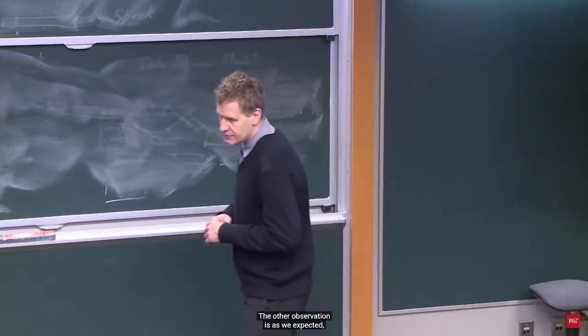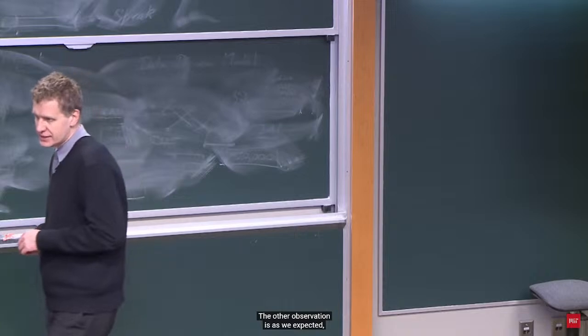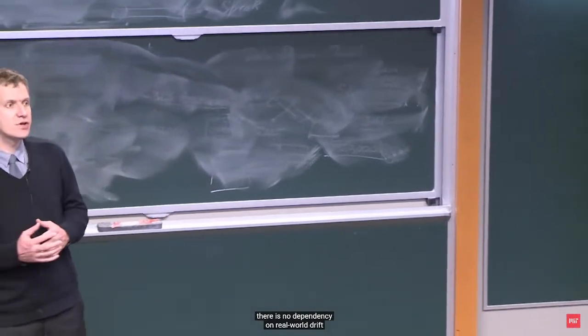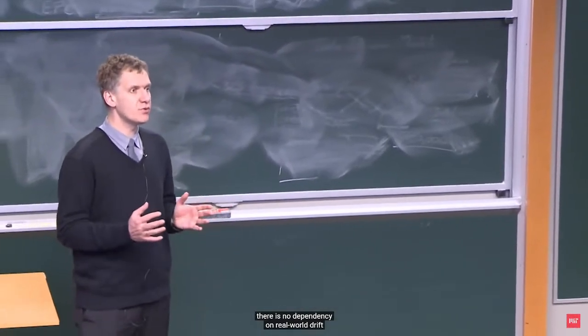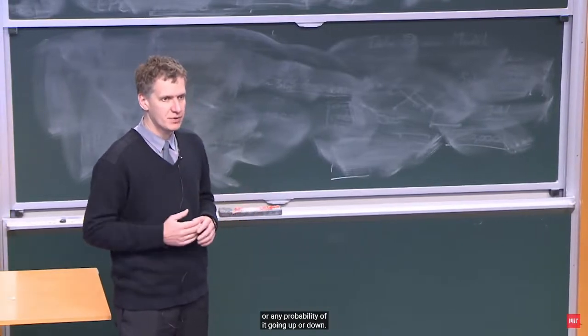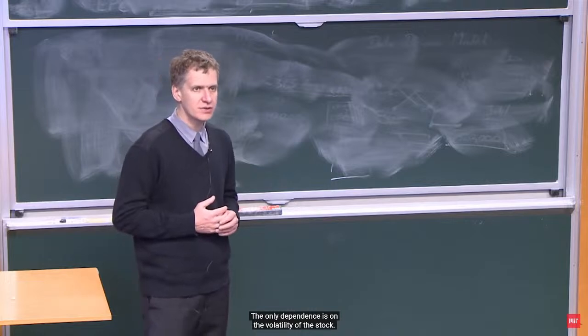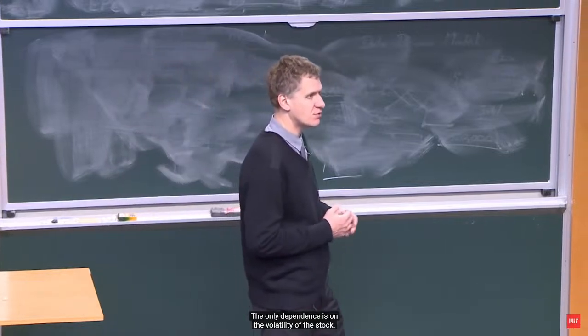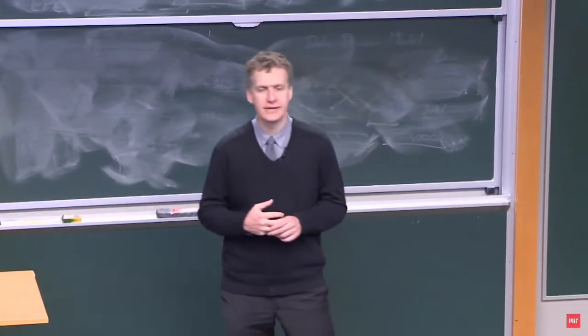The other observation is, as we expected, there is no dependency on real-world drift or any probabilities of going up or down. The only dependence is on the volatility of the stock, right?